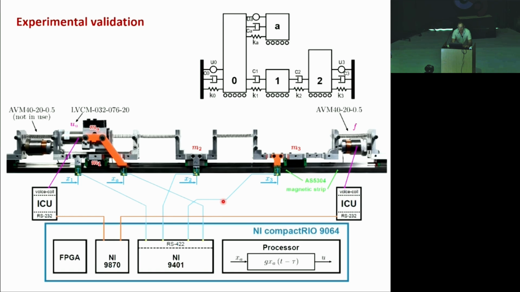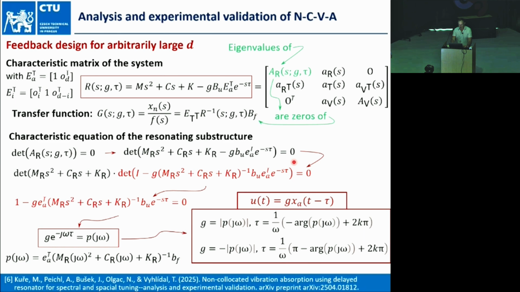Yeah, so what we wanted to do was show that for a given frequency, which is not arbitrary, we want to stop the cars one by one. So first the car with the absorber, then the second car, and the third car, just one by one, using this simple feedback.